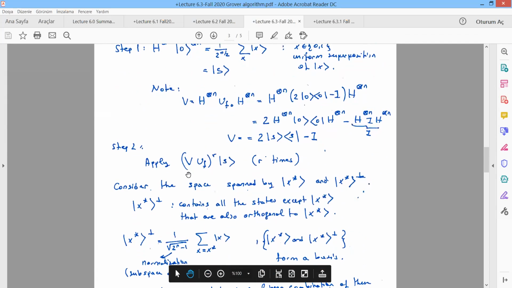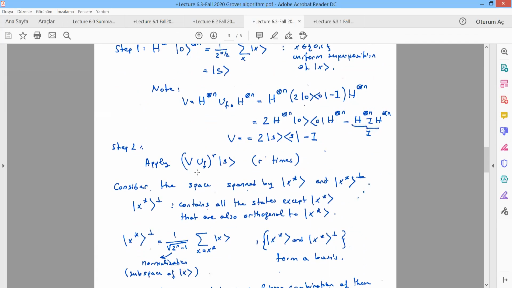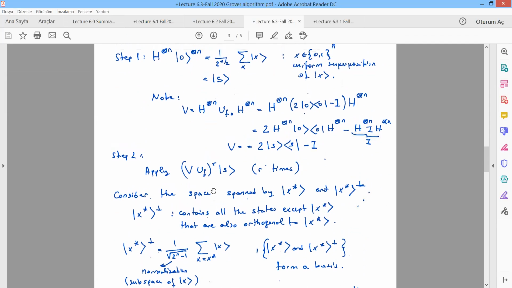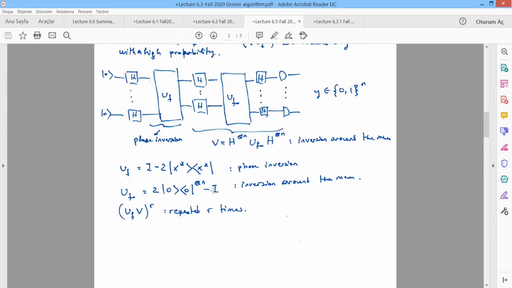Step 2, we apply V U sub F, R times, because we said we repeat this circuit R times.